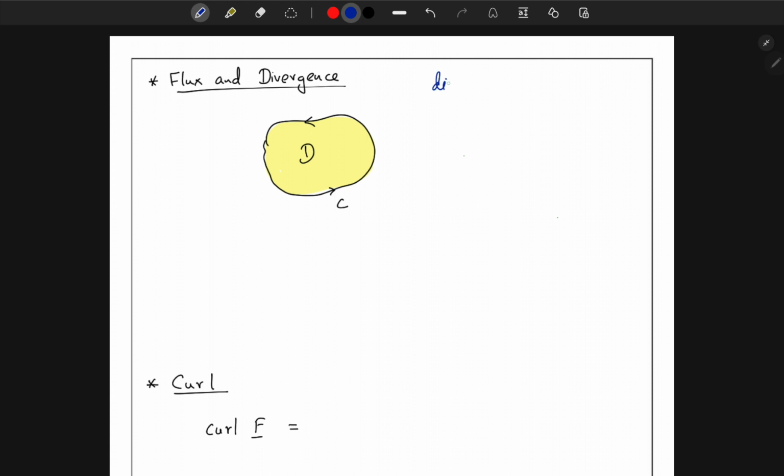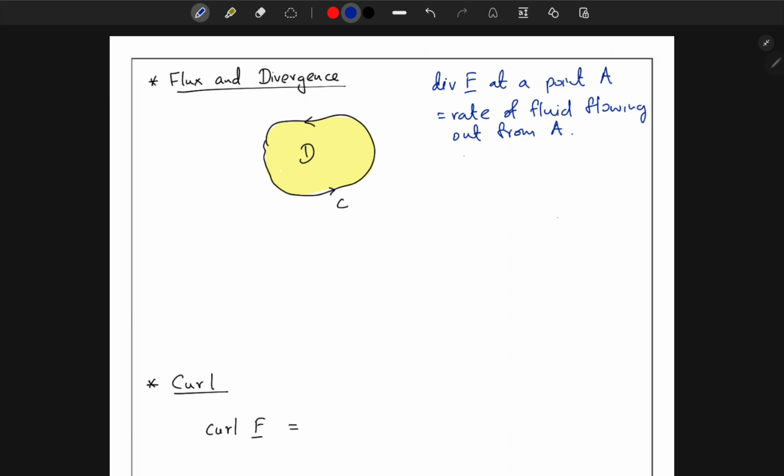Now the divergence of F at a point, say point A, is the rate of fluid flowing out from A.